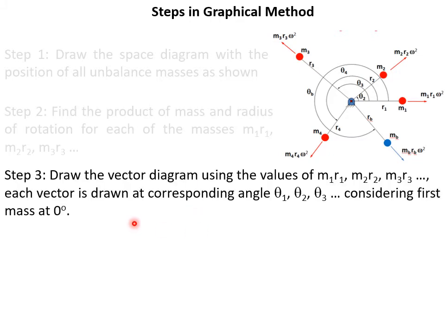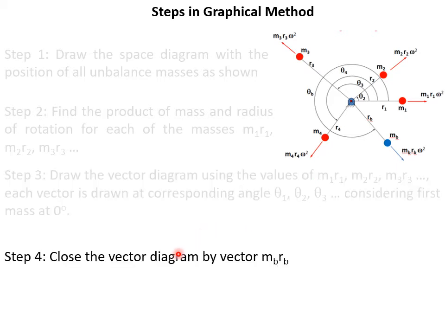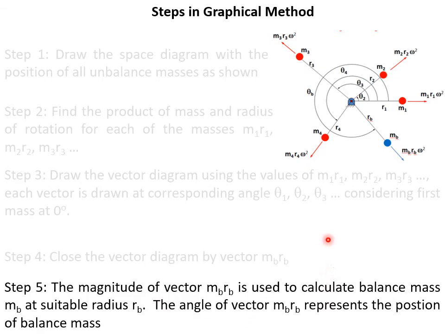The second step would be to find theta 1, theta 2, theta 3, which are the corresponding angles, and draw the vectors at those angles, considering the first mass at 0 degree, and then we close the vector diagram by the vector mb rb. The magnitude of the vector mb rb is used to calculate the balancing mass mb at a suitable radius rb, and the angle of the vector represents the position of the balancing mass.